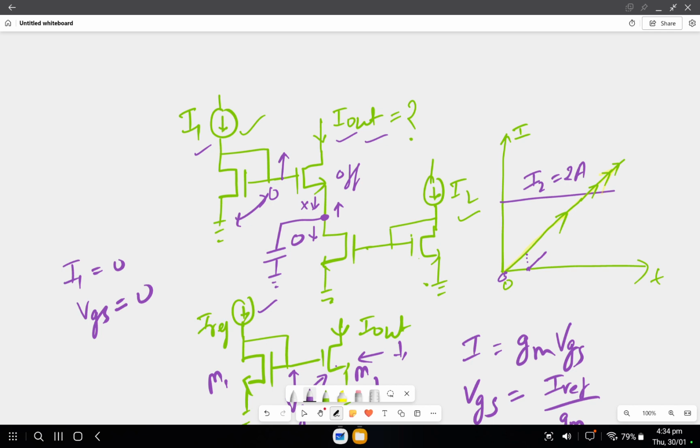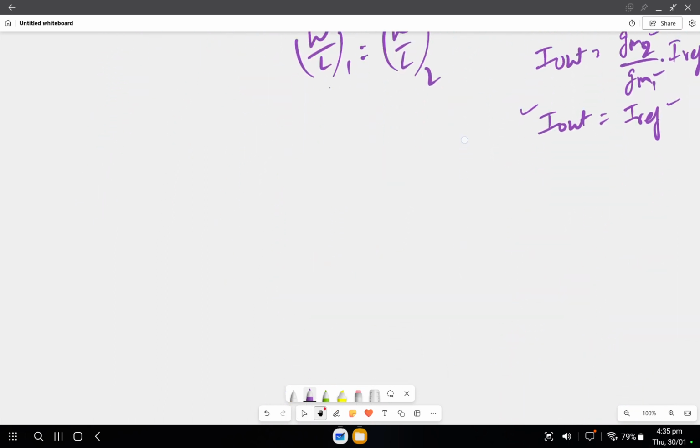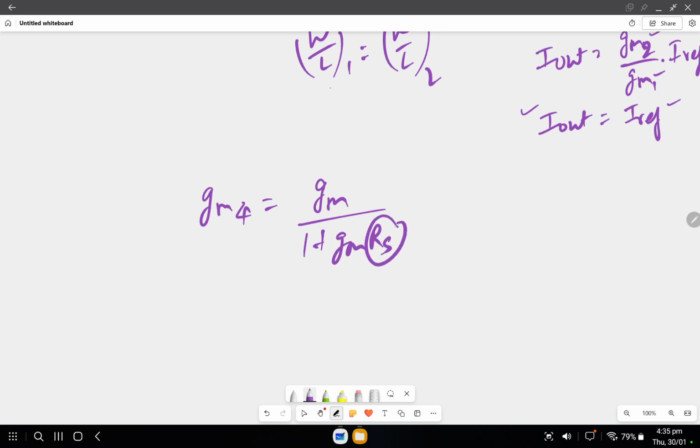Because of that lower value, in this case, if it is M1, M2, M3 and M4, the GM of M4 will be different than the GM of M1. How much is that different? That GM4 will be equal to GM upon 1 plus GM into RS, where RS is RO, or resistance, of your M2.